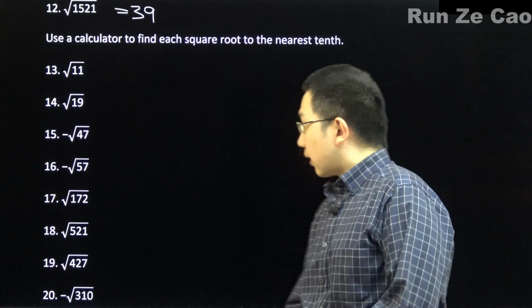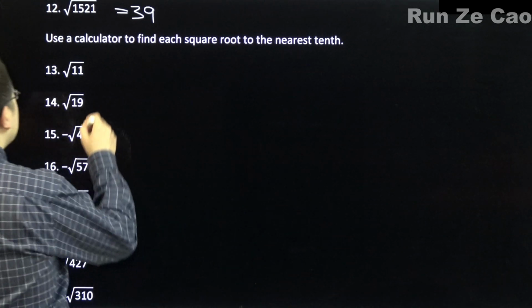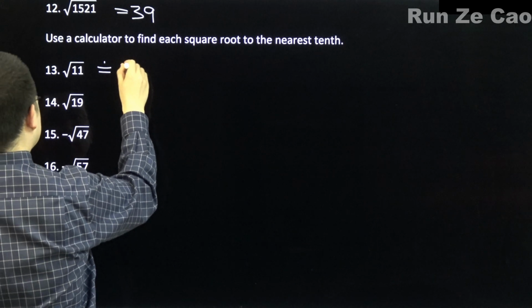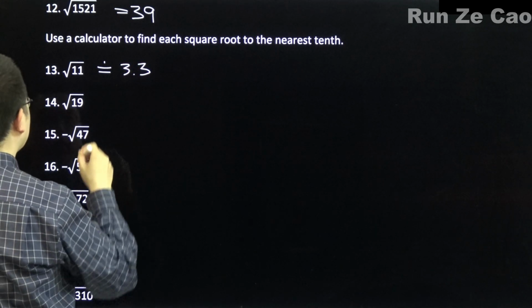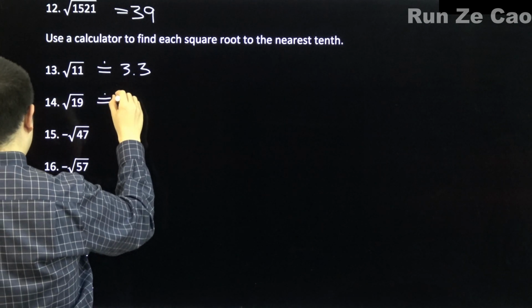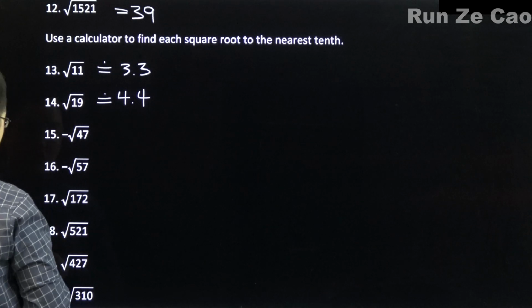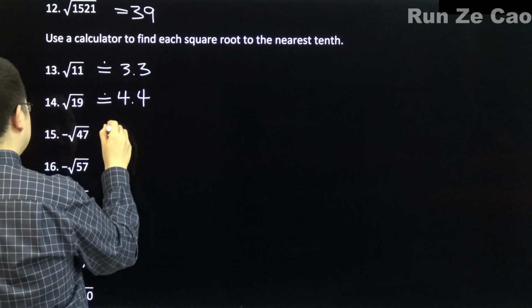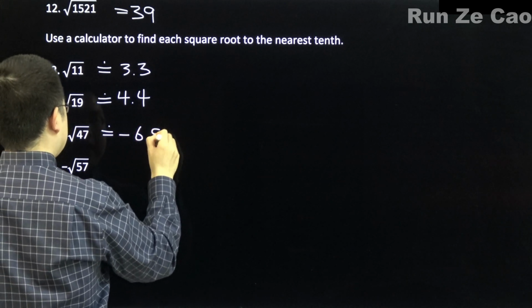And now we will once again take up the calculator so that we can find square roots to the nearest tenth. Okay, so the square root of 11 is approximately 3.3. The square root of 19 is approximately 4.4. Negative square root of 47, well, that's approximately negative 6.9.